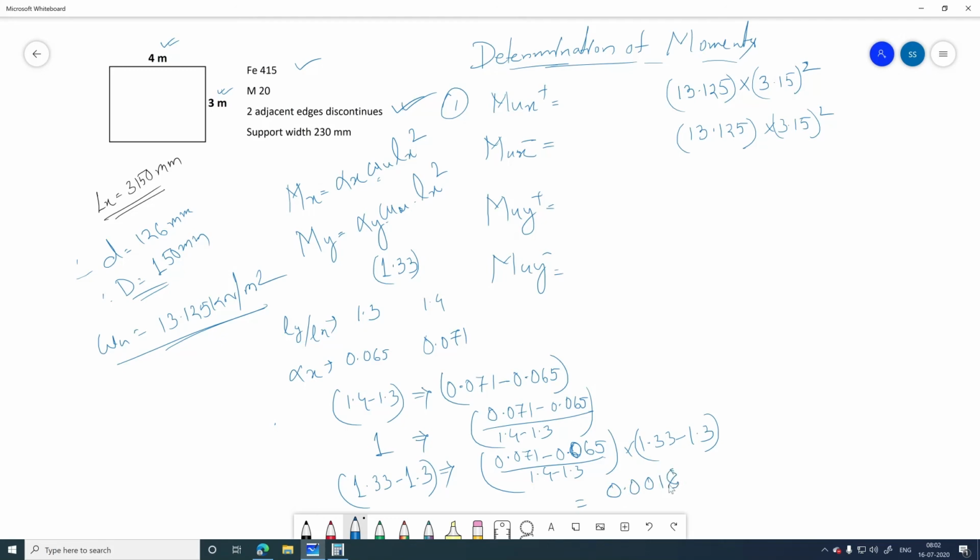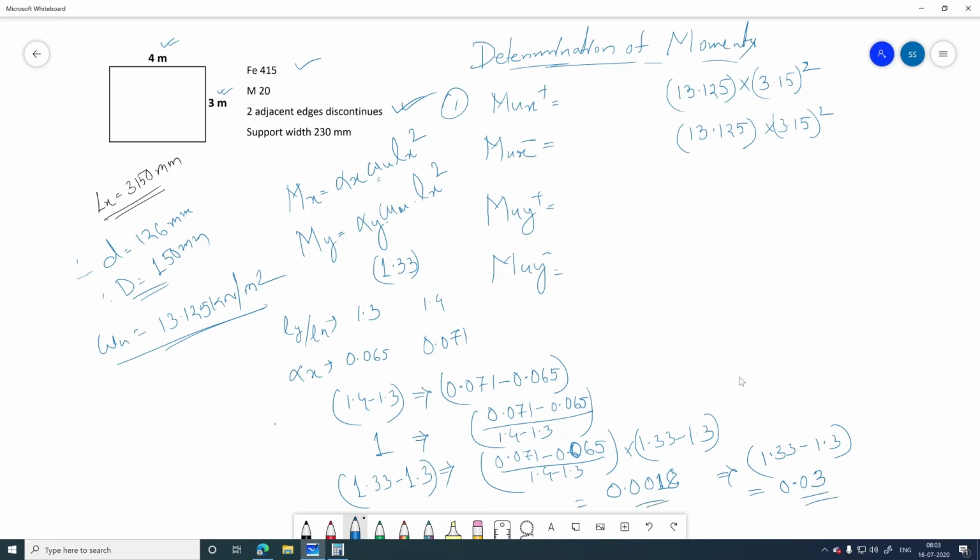So this particular value is for 1.33 minus 1.3, that is 0.03. So for this 0.03 in Ly by Lx, this one is the corresponding value of alpha x.